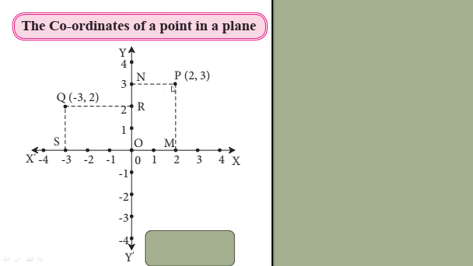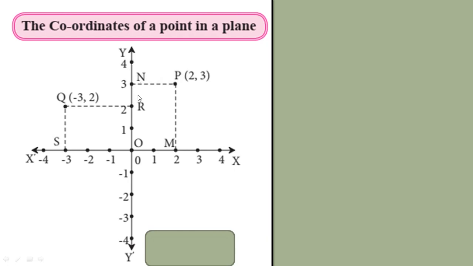First, as the x coordinate of P is 2, we'll draw a line MP perpendicular to the x-axis at unit 2. Then as the y coordinate of P is 3, we'll draw a line NP perpendicular to the y-axis.